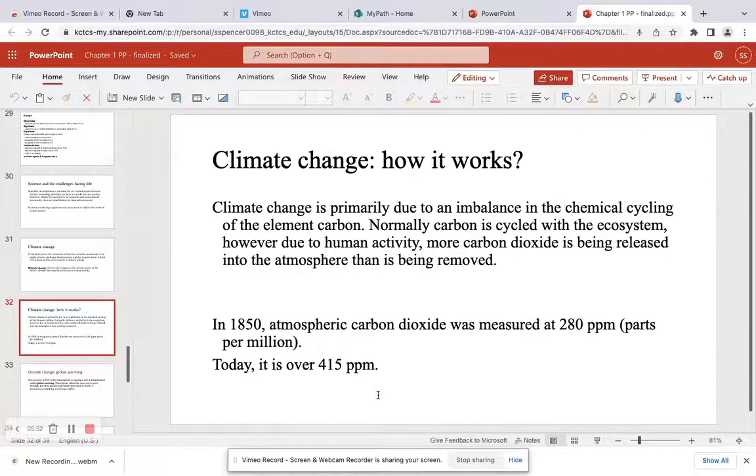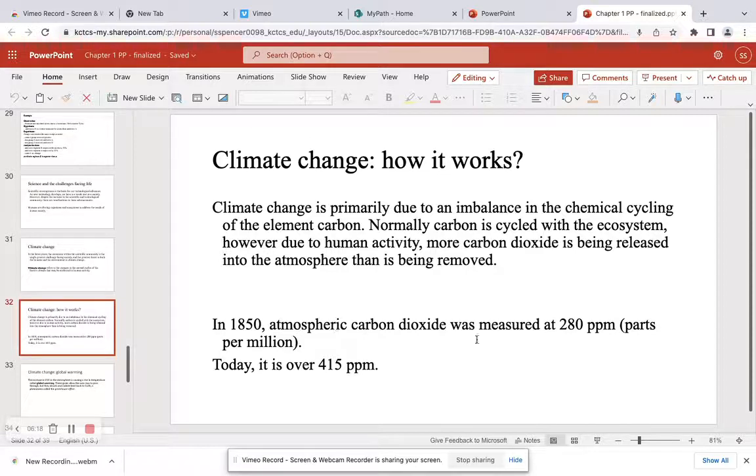So, how does climate change work? Like we said, climate change is primarily due to an imbalance in the chemical cycling of the element carbon. Normally, carbon is cycled within the ecosystem, right? Remember, we said that trees were responsible for the production of oxygen and the recycling of carbon dioxide. However, due to human activity, more carbon dioxide is being released into the atmosphere than is being removed.